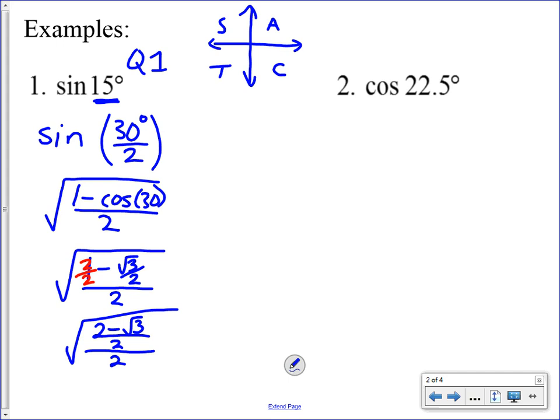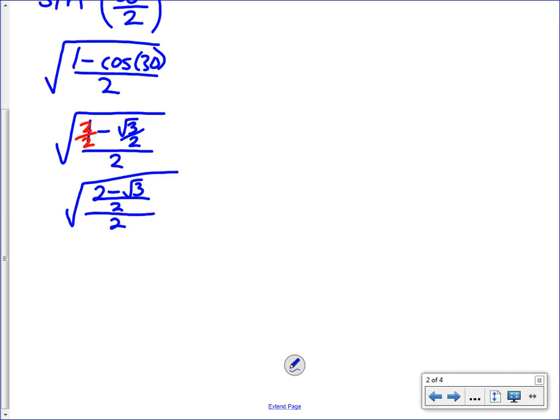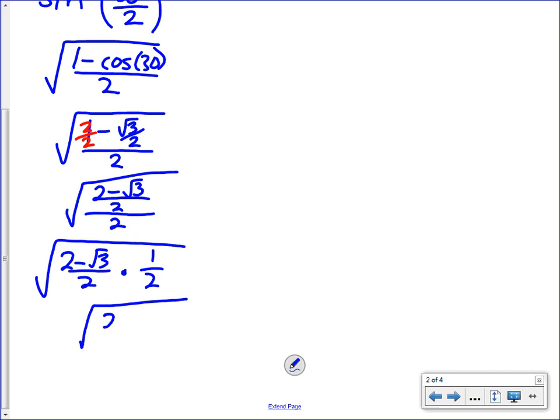Because we're dividing fractions, we multiply by the reciprocal. Under this radical, we have 2 minus the square root of 3 over 2 times the reciprocal of 2, which is 1/2. Multiply straight across, and we get 2 minus the square root of 3 over 4.